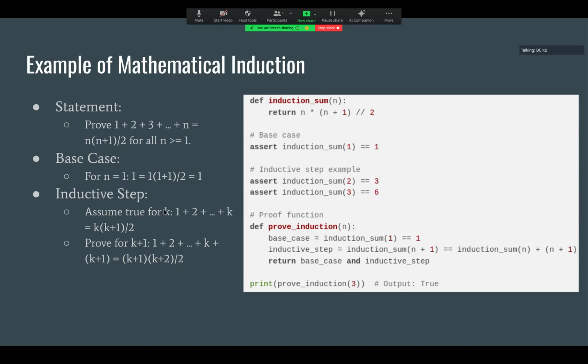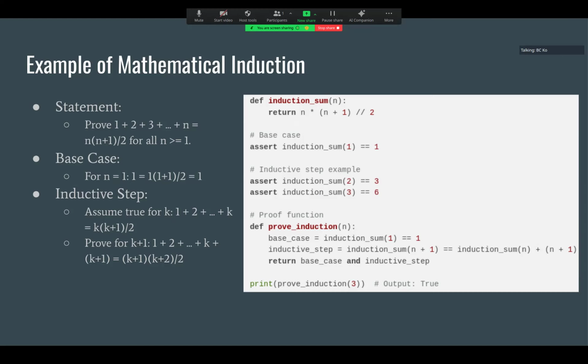So we will have 1 plus 2 plus dot dot dot plus k equals k times k plus 1 divided by 2. And now we need to prove this for n equals k plus 1.